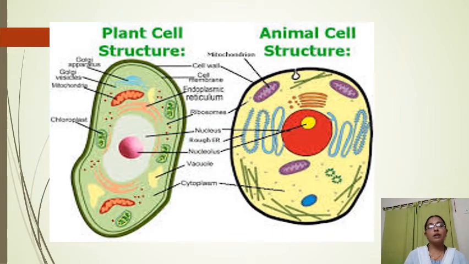So, plant cell and animal cell, you just have to name the parts. It is on page number 67. There are the plant cell and the animal cell, and you are required to label their parts.